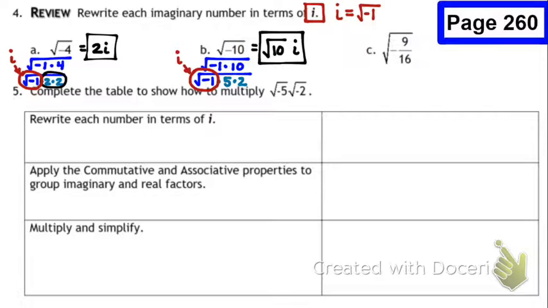Part C. Does anybody remember how to do the square root of fractions? Yeah, we're going to do the square root of the numerator over the square root of the denominator. We can almost like distribute it.